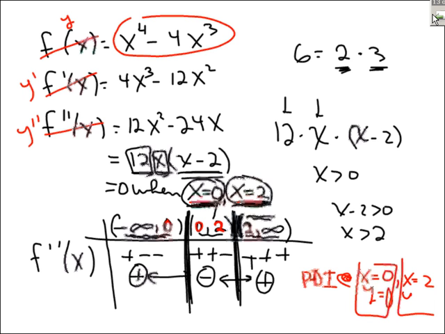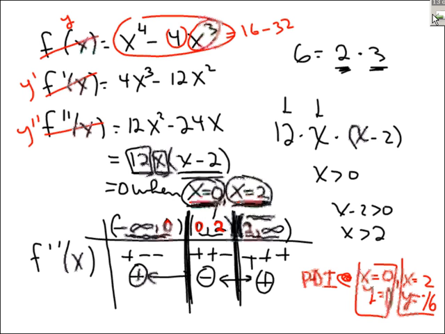When x is 2, what is y? Well, 2 to the 4th is 16 minus 2 cubed is 8. And 8 times 4 is 32. 16 minus 32 is negative 16.